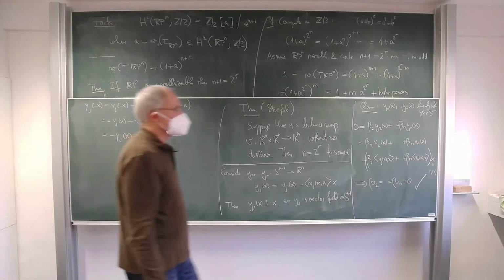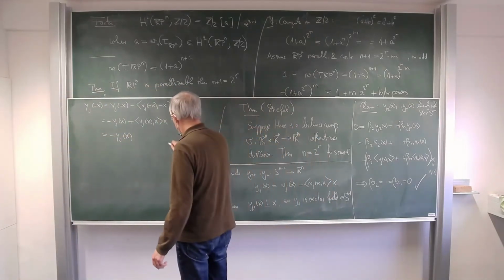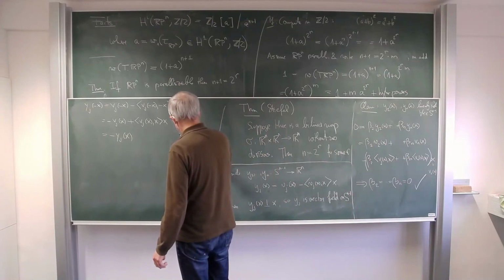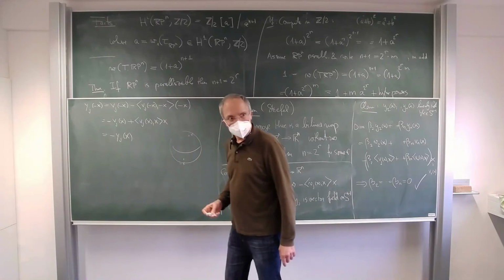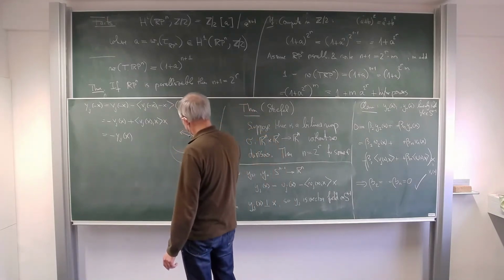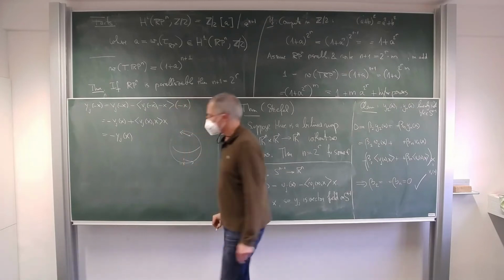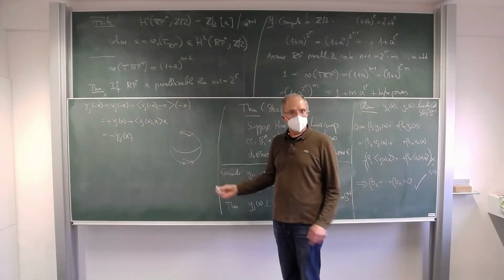By this formula. And what does this mean? Here we are on the sphere. Here we have x, and somewhere down here we have minus x. And now we have a vector field that has the property that the value at x is the negative of the value at minus x. And this means that the vector field descends to RPN.